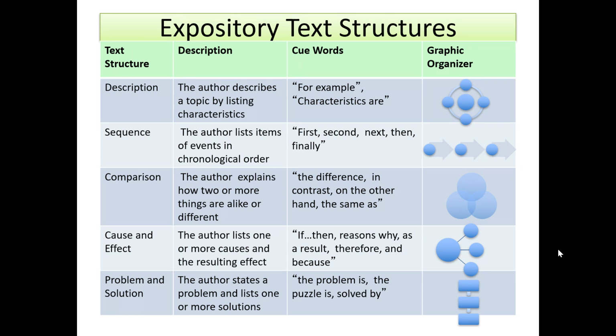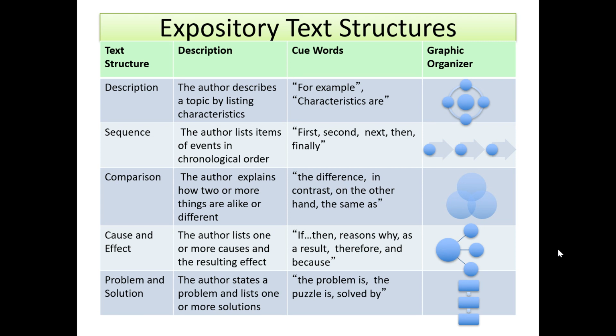And then problem solution is an author has posed a problem, and then lists potential solutions, either things that actually happen or things that could happen. This happens a lot in science, especially when we're looking and talking about experiments and working with some materials to find out what happens when we modify those materials.